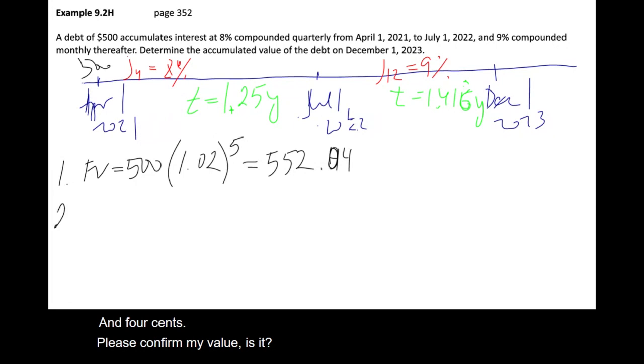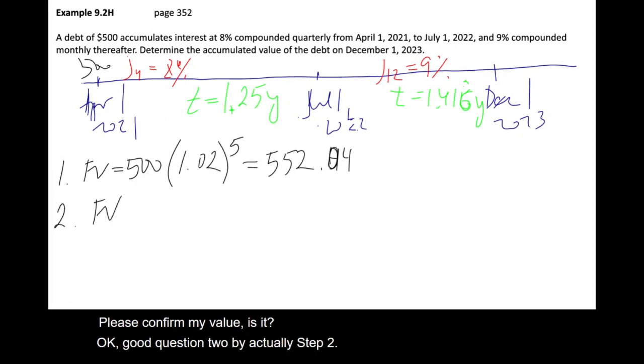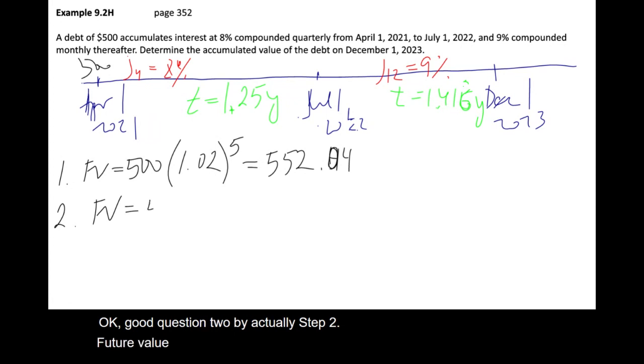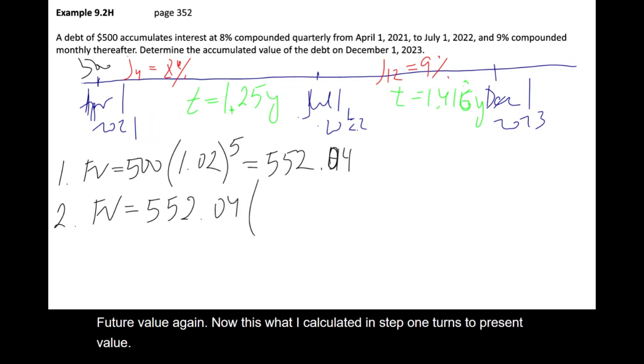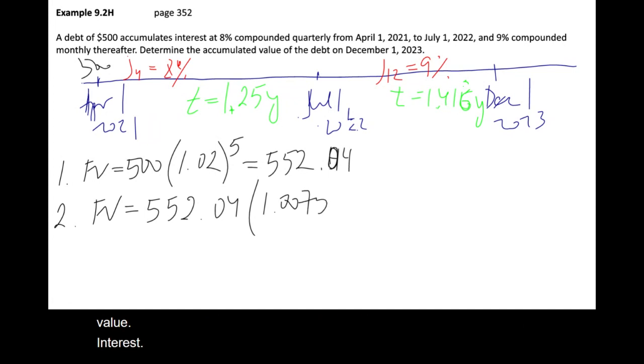Okay, good. Step 2. Future value again. Now, this what I calculated in step 1 turns to present value. Interest is this. And now this funny number times 12, 17.